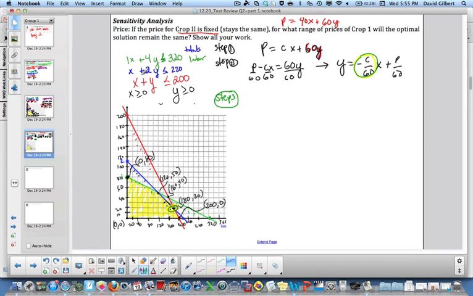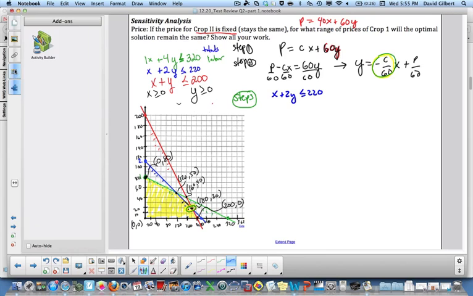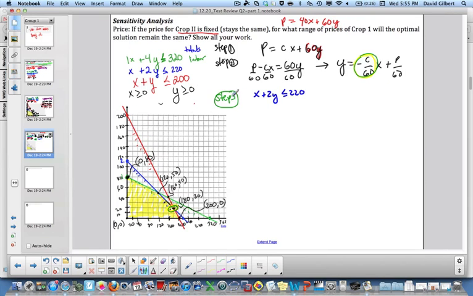So for the slope of the blue constraint, which had to do with the capital, we are going to have this: x plus 2y is less than or equal to 220. I'm going to subtract x from both sides because I like to keep the y's positive if possible. 2y. And we only care about where the lines meet, so whether they're shaded on the left or the right doesn't really matter.